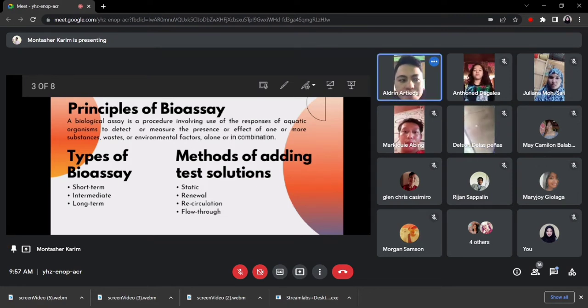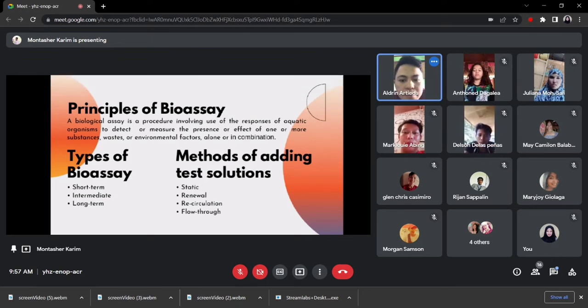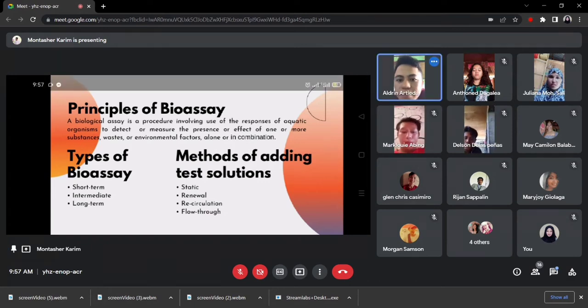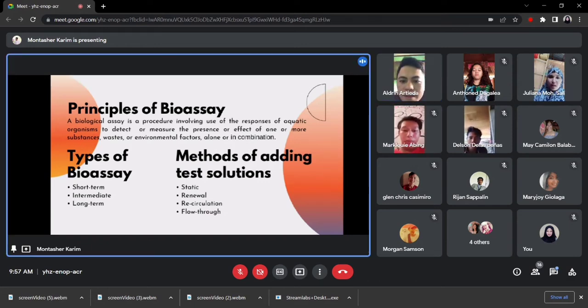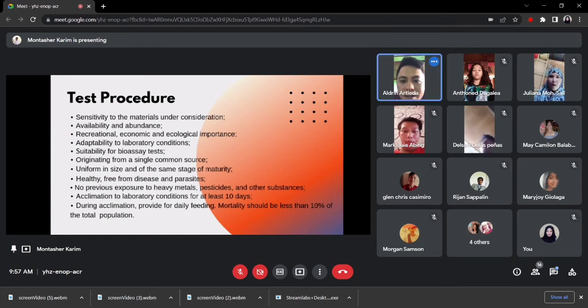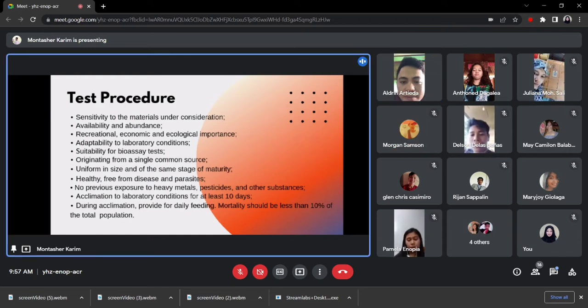Sir, can you repeat the difference between the three terms? In the short term, it determines the effective concentration values.